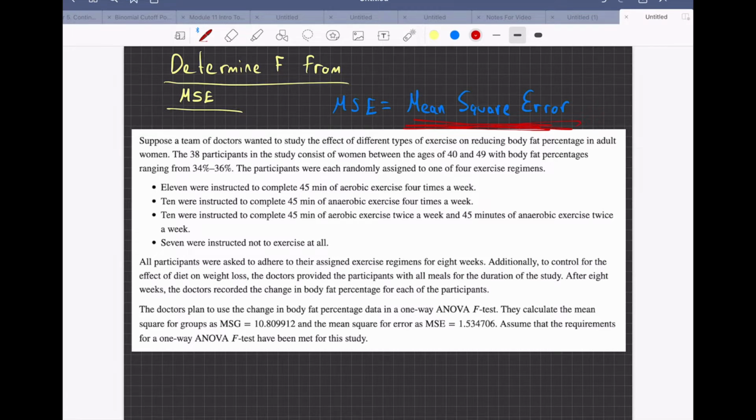It says, suppose a team of doctors wanted to study the effect of different types of exercise on reducing body fat percentage in adult women.